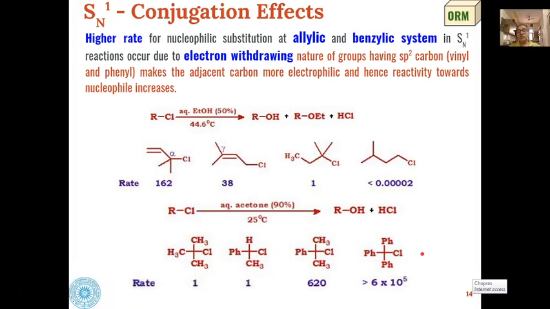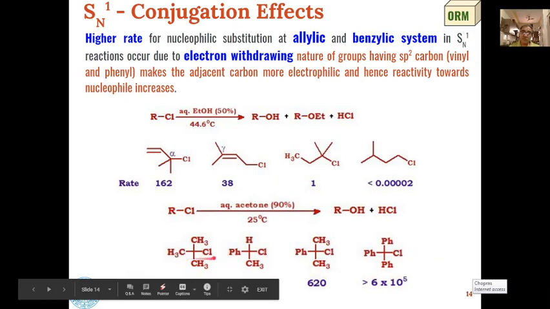We can see that in the case of only tertiary butyl chloride, the rate of reaction is 1, and if we replace one methyl group by phenyl and one methyl group by hydrogen, the rate remains the same.